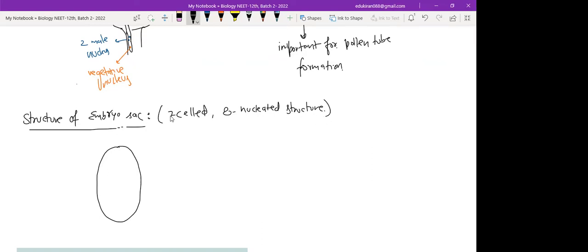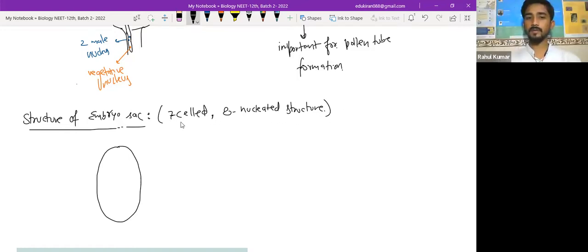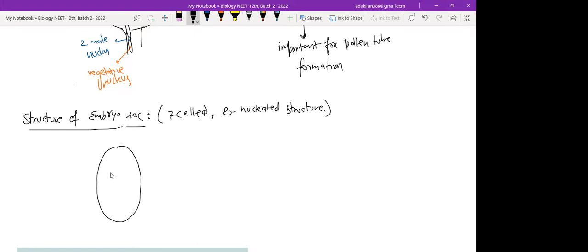In angiosperms, write down the embryo sac is a 7-celled and 8-nucleated structure, which clearly means that one cell is going to have 2 nucleus, right? Now this is in the female, this is in the ovary.